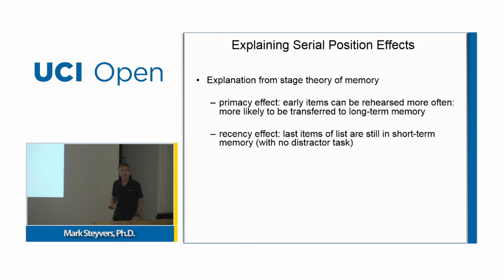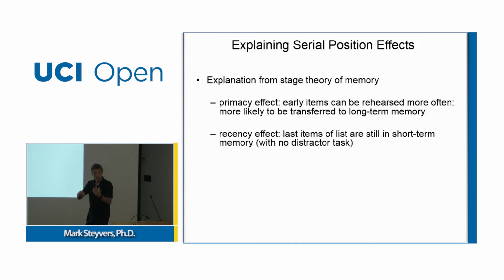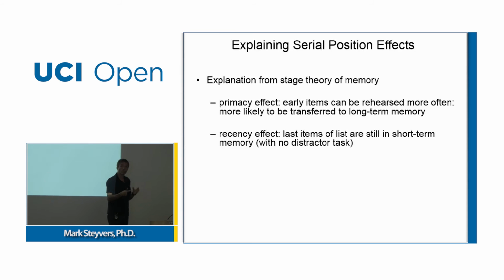And the stage theory of memory makes a very nice prediction when it comes to this, and it predicts exactly this set of findings. So the primacy effect is explained because as items come in, there's less competition between items early on in the study list. The first word comes in and you have a lot of time to rehearse that word. The second word comes in, you still have some time to rehearse both words.